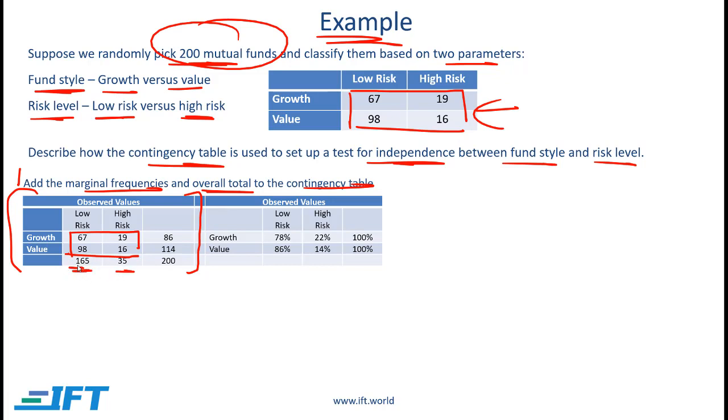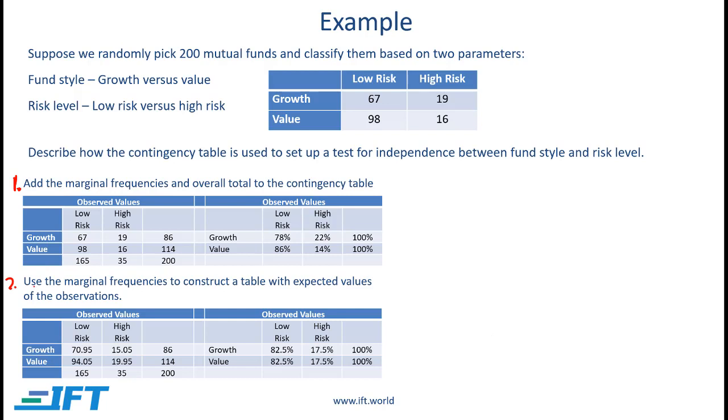So 165 here means that we have 165 low risk funds, and 35 means that we have 35 high risk funds. This 86 means that we have a total of 86 growth funds, and we have 114 value funds. So 200 is the total number of funds. The same numbers can be expressed in percentage terms over here.